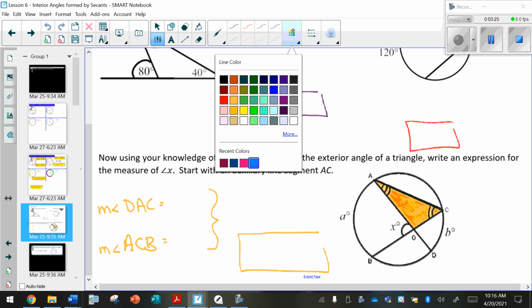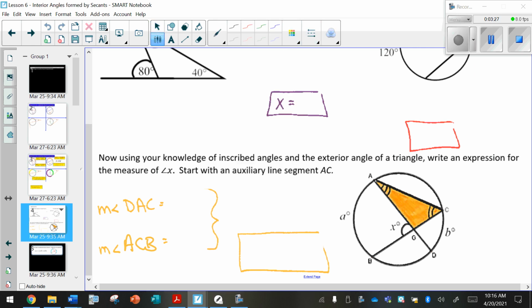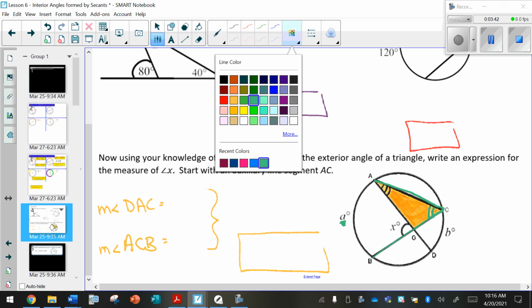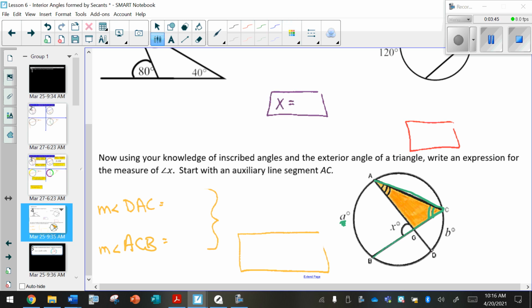Now, the next thing we need to look at is the fact that those angles are inscribed angles. Angle ACG, being an inscribed angle, is half of arc A. And similarly, angle DAC would be half of arc B. The inscribed angle is half of the intercepted arc.